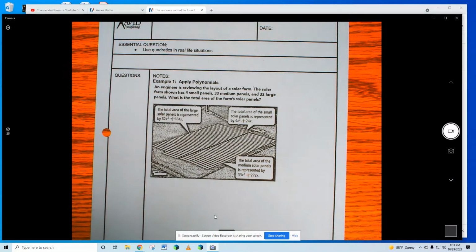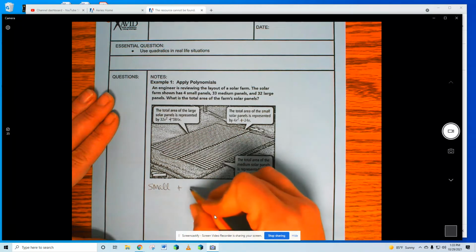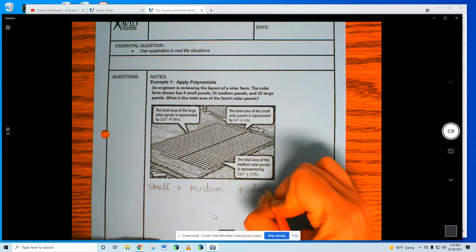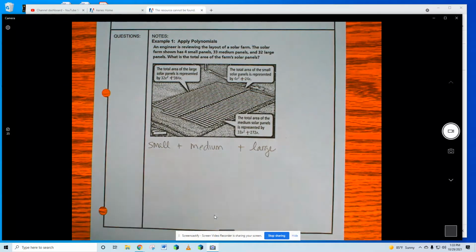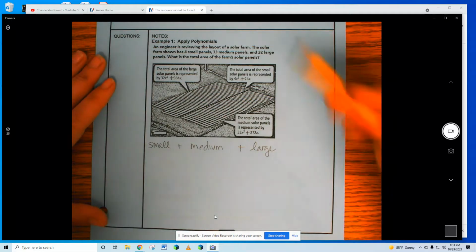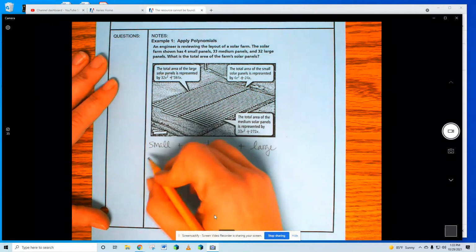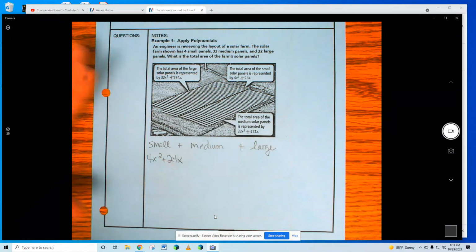I'm going to combine like terms, add them up. So I'm going to do small plus my medium plus my large. My small, right here, is 4x squared plus 24x. That's my small.